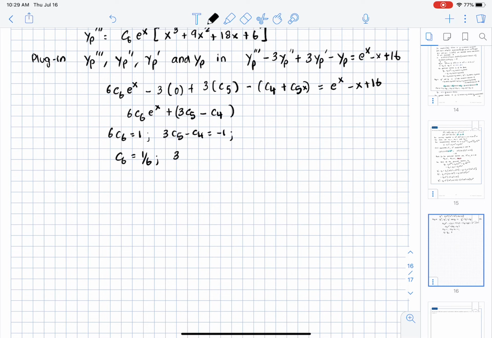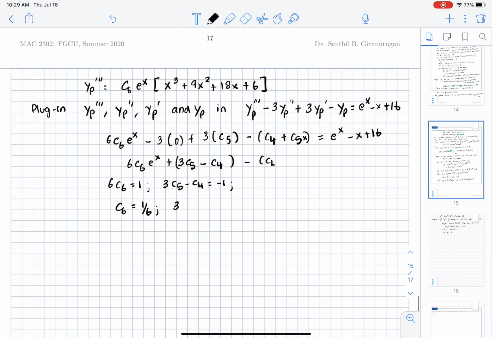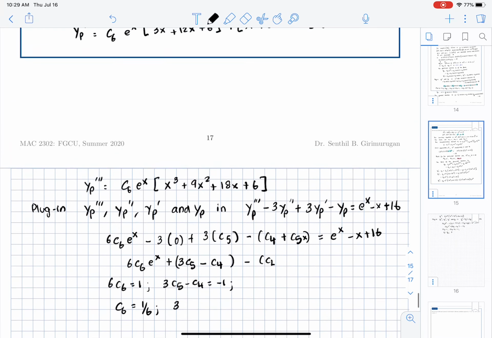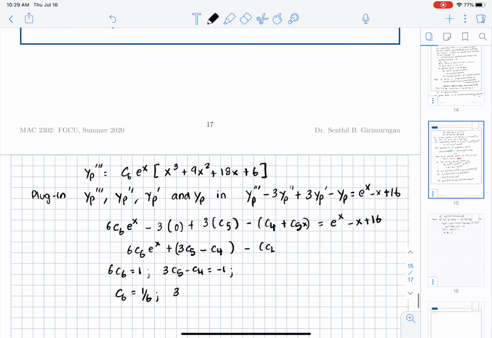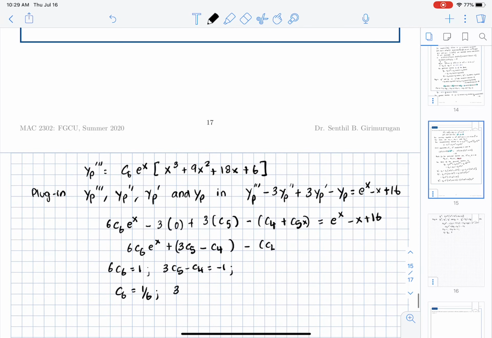Minus C4. I feel like I'm missing a term. So e raised x, when I gather, I have 6.